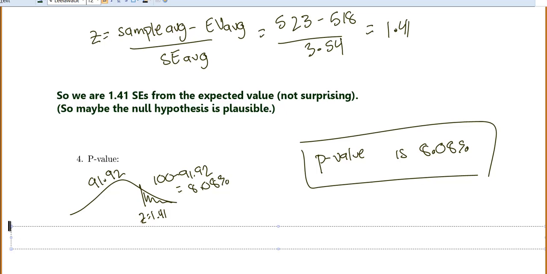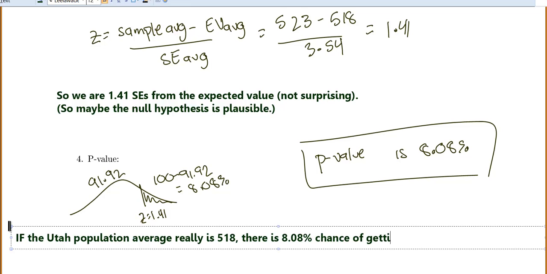And what does this mean for us? This means that if the null is true, so in other words, if the Utah population average really is 518, there is an 8.08% chance of getting a sample average of 523 or more.